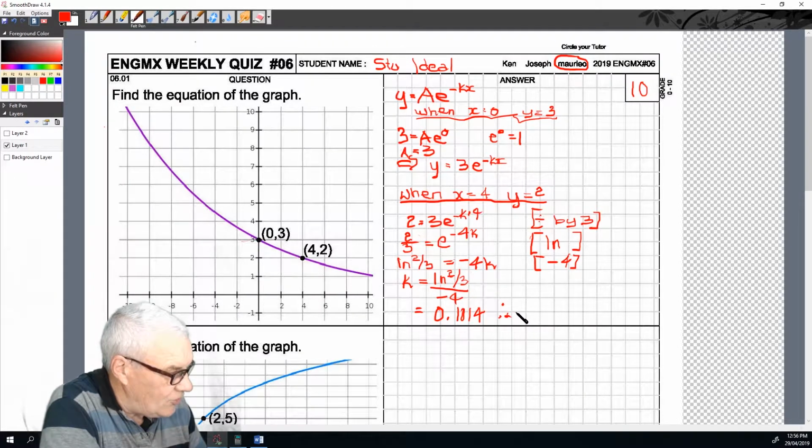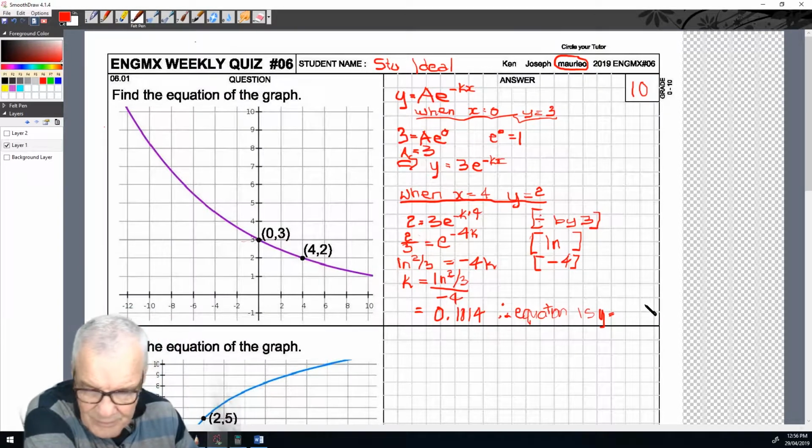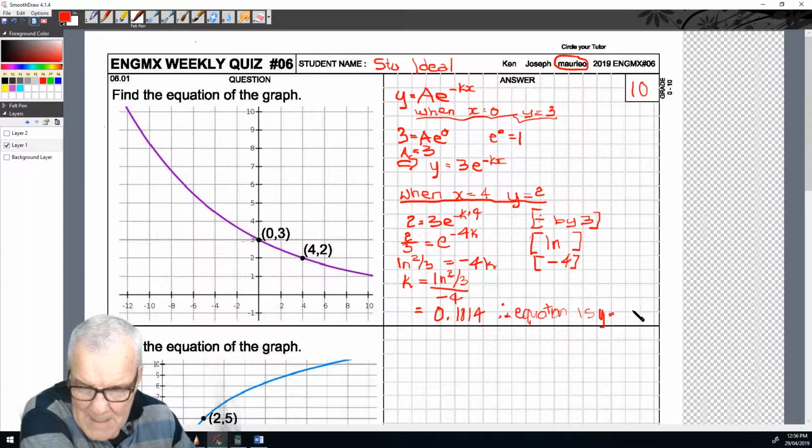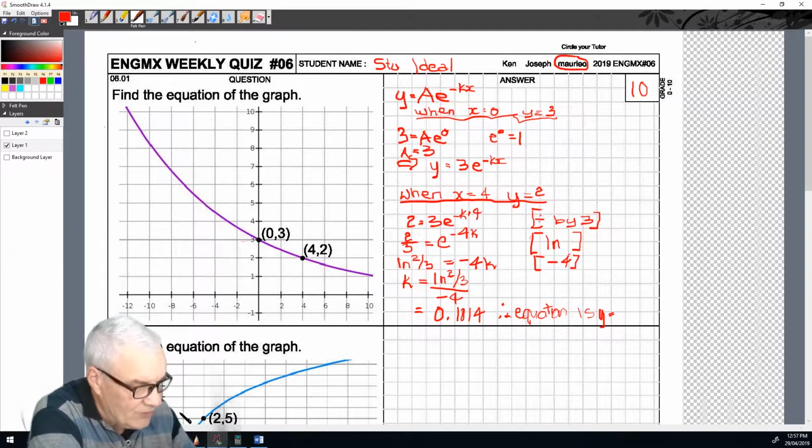So therefore, the equation is y equals, oh, where's that calculator?